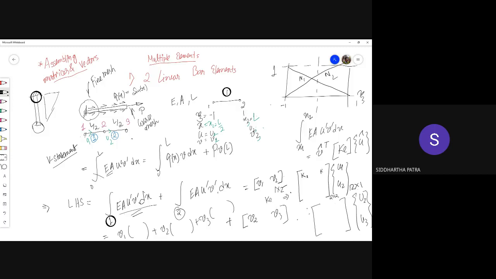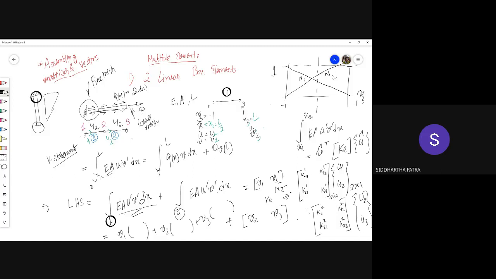K11, K12, K21, K22, K11, K12, K21, K22, okay, with superscripts representing the element number. Okay, just do it like this, and let it be symbolic.